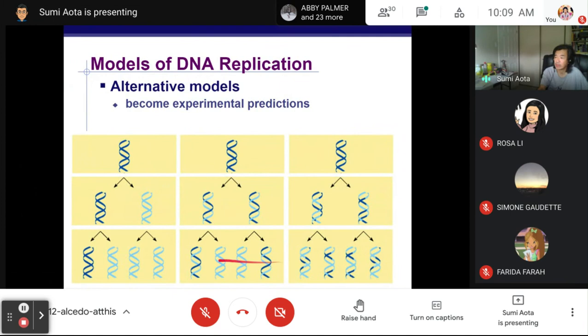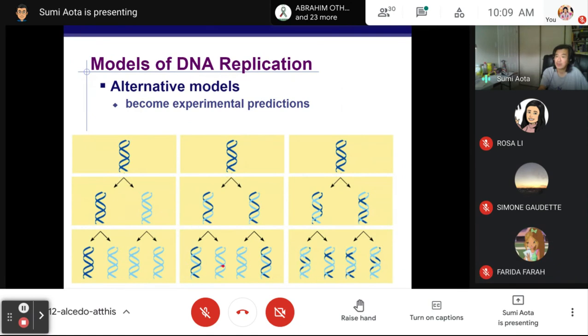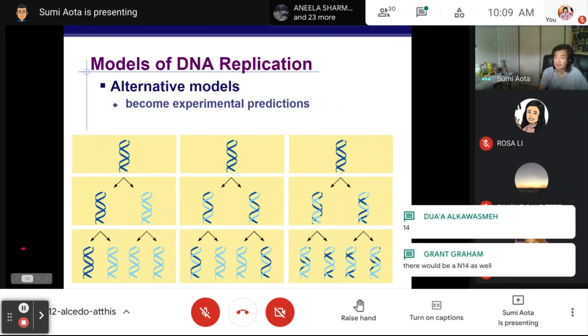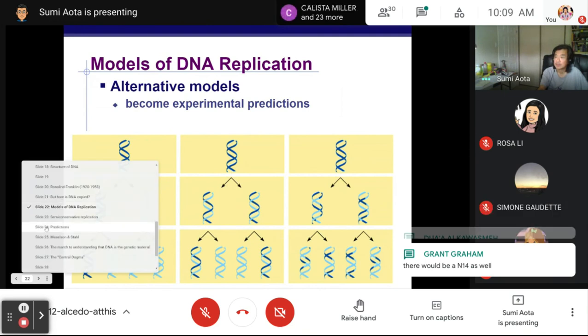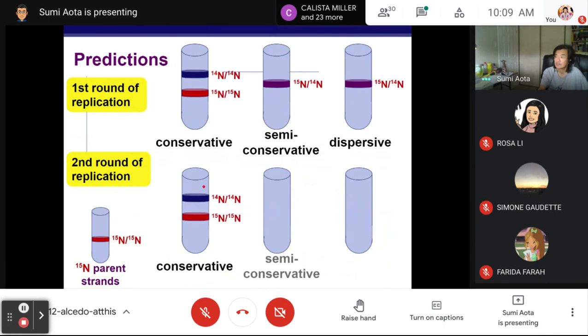Here's semi-conservative. So there's your N14/N15 and there's your N14/N15, but what are these two going to be? These two should be pure N14s, so there should be two sets of lines: N14, and then N15 and N14. Then the last one should be like the first one, N15/N14 combined.